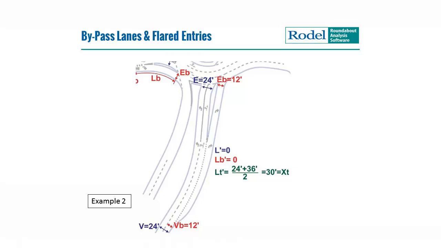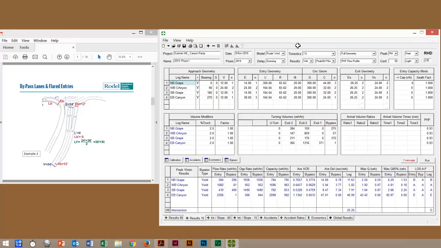And in this case, this is actually leg number 1 in the Rodel file. So as you can see, we have a 2-lane road on the approach, a 2-lane approach. So V in blue is 24 feet. Our main entry E is also 24 feet.